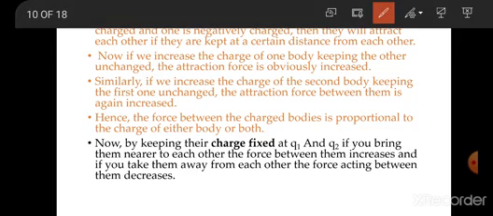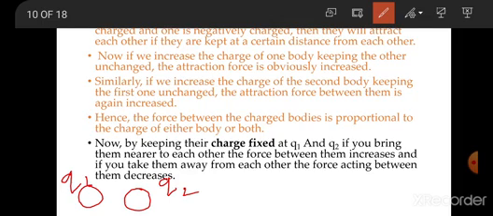If we increase the charge of one body, earlier both the bodies had the same magnitude. Now if we increase the charge of one body keeping the other unchanged, then what will happen? Here this charge is Q1, this is Q2. One is positively charged, another is negatively charged, both have the same magnitudes.